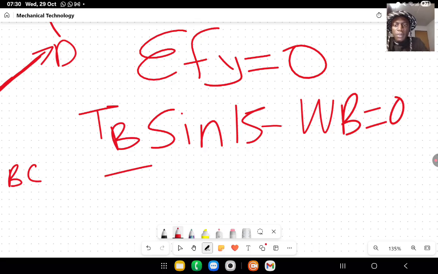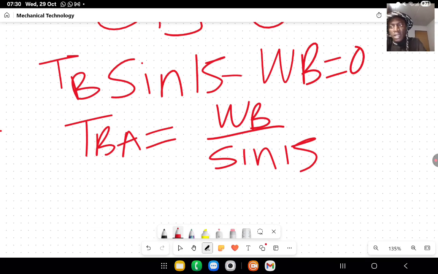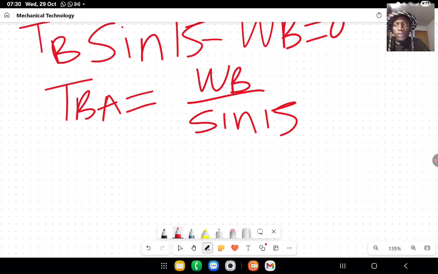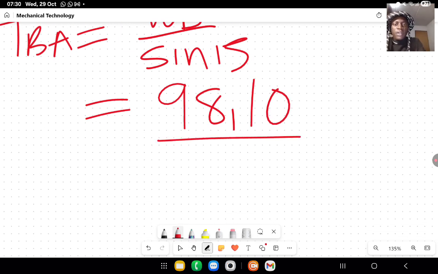Therefore, we get that TBA is WB divided by sine 15. What is our sine 15? Our sine 15 is 0.259. We have the WB that we have calculated, 98.10 divided by sine 15.